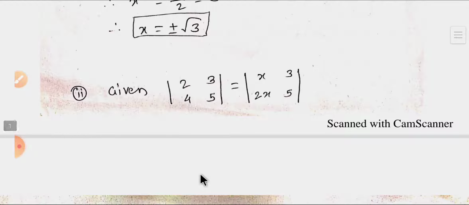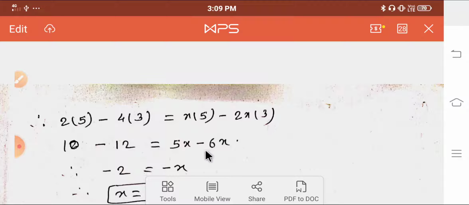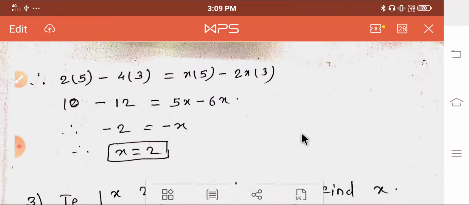So 2 into 5 is 10 minus 4 3s are 12 equals 5x minus 2 3s are 6x. Therefore minus 2 equals minus x, or x equals 2.